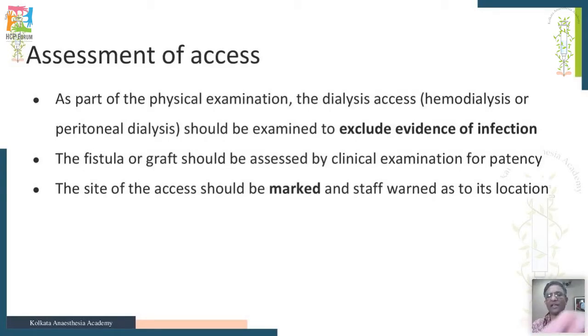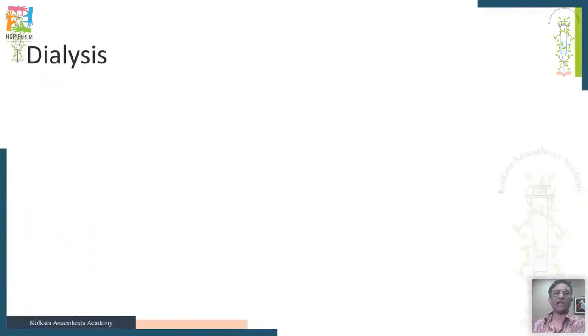Is it in the cephalic area, or is it in the antecubital area? So please figure out whether the fistula looks okay, there are no signs of infection over there, and it's not oozing, as I think we saw in one of the poll questions. Mark it out, because you need to take care of it when the person is anesthetized as well.